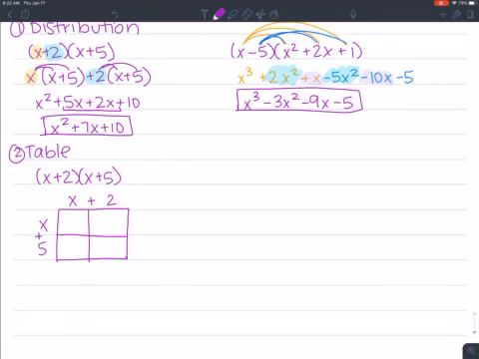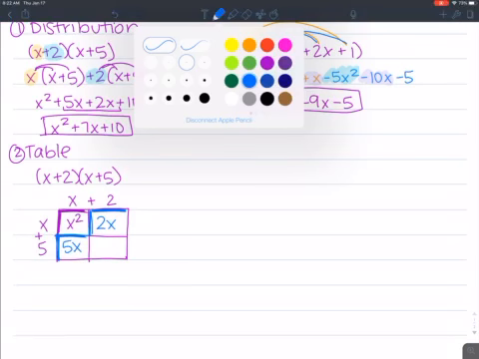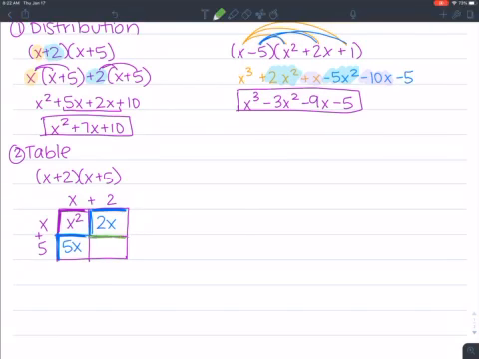And then what we're going to do is we're going to find the area of each box. So x times x is x squared. 2 times x is 2x. X times 5 is 5x. And 2 times 5 is 10.